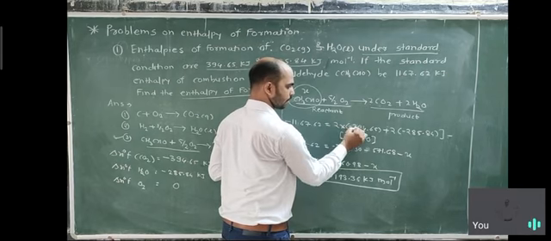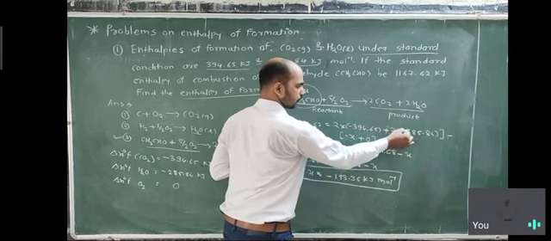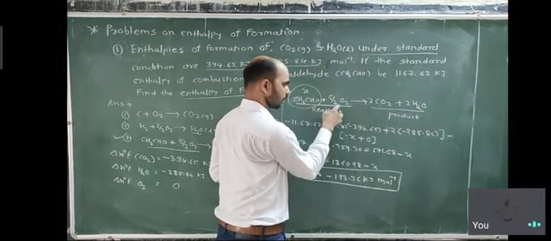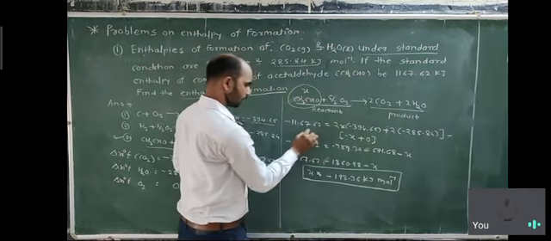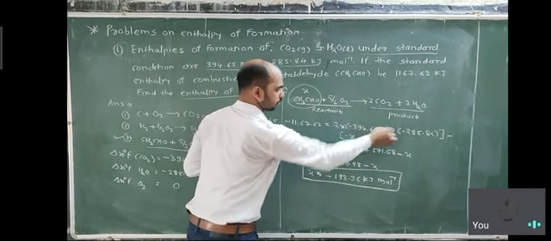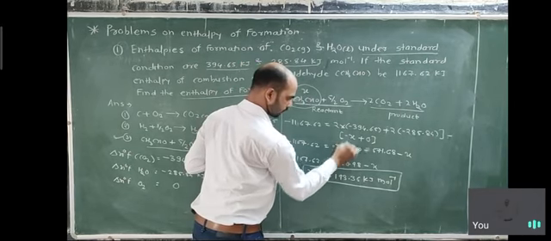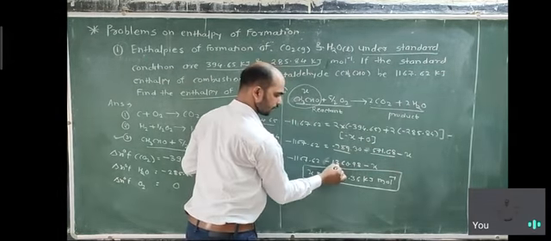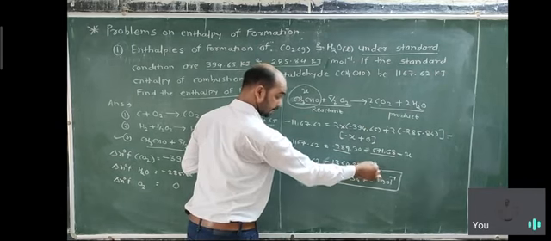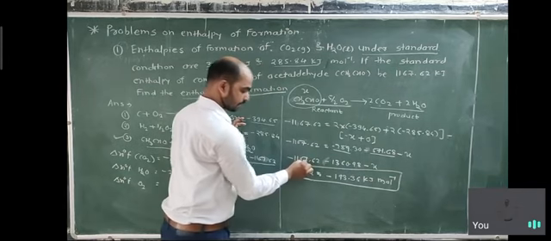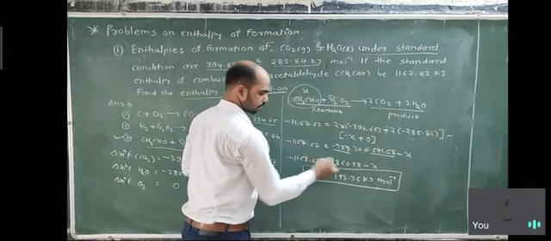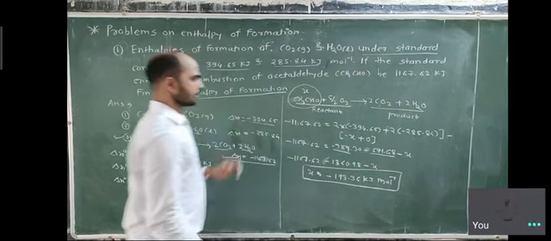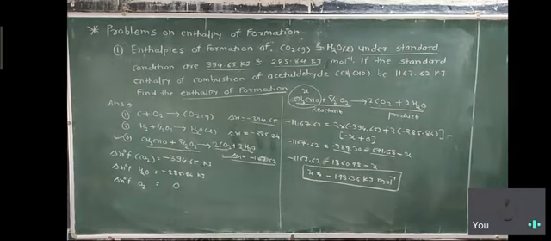So 2 into minus 394.65 plus 2 into minus 285.84 minus, the second term, we consider X here, and this is 0 for O2. When these two add together, 789 for CO2 and 571.86 for H2O, there is 1360.26 minus X, and 1167.62 is the heat of combustion. When these are subtracted from each other, the remaining is the heat of formation of X, where X is CH3CHO. So it is all about the first problem.